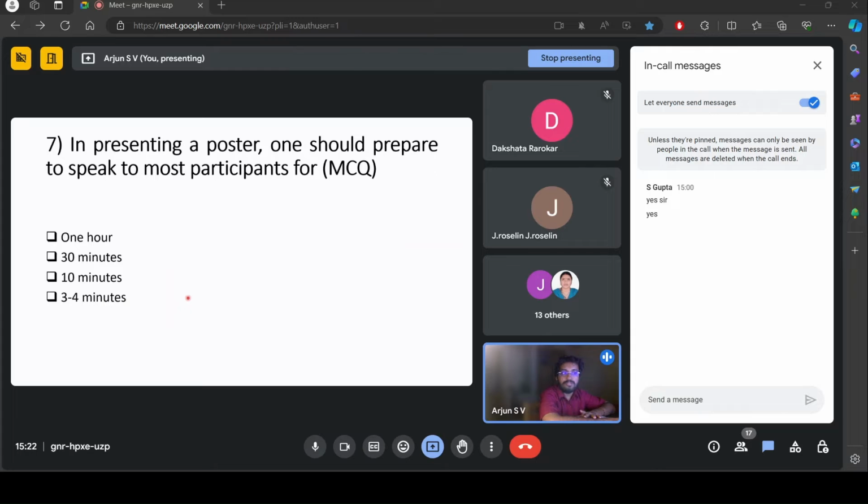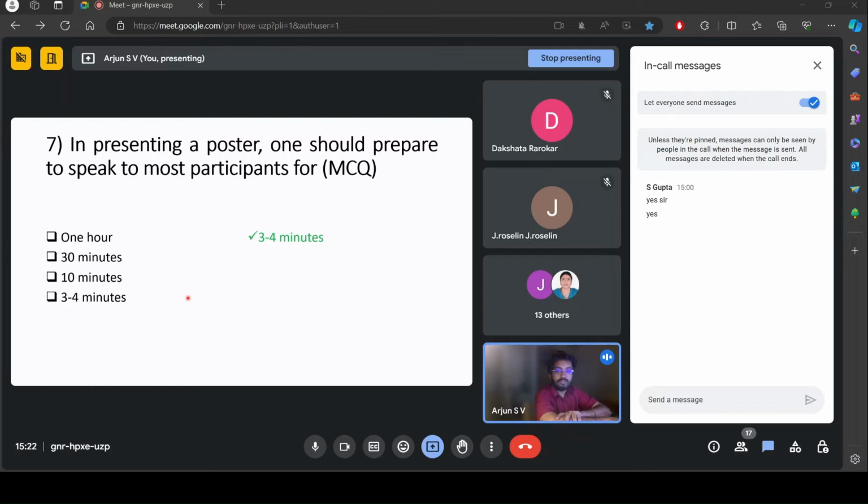In question number 7, in presenting a poster, one should prepare to speak to most participants for, and I've already mentioned this in the recap as well. This was the briefing of the poster. If any audience comes to view your poster, you must prepare a briefing for 3 to 4 minutes.